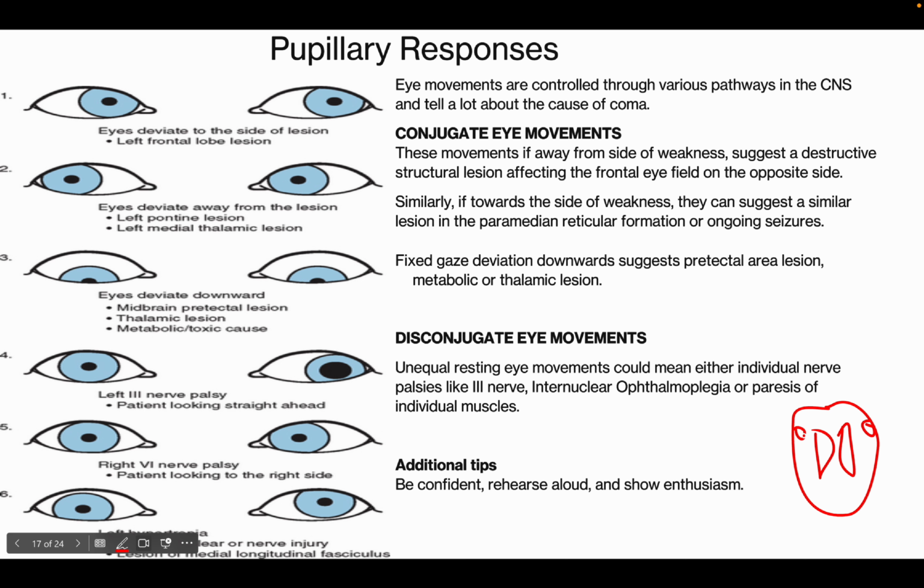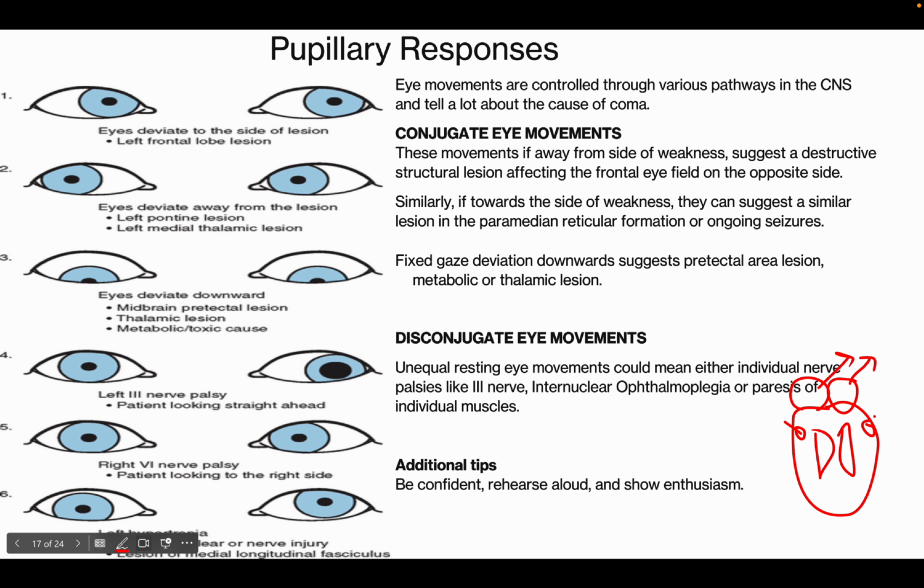So for example, if you stimulate this particular frontal eye field, imagine that I have drawn two eyes here. This will cause movement of both of the eyes, their gaze, in the opposite direction.